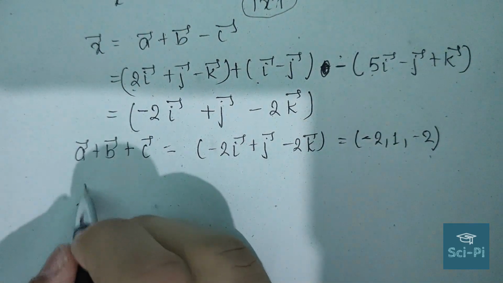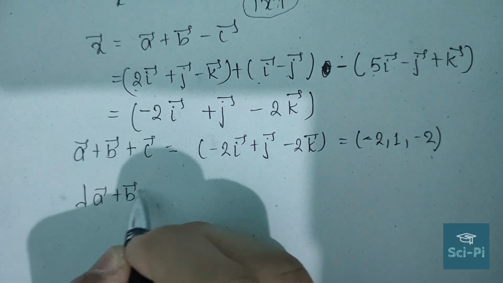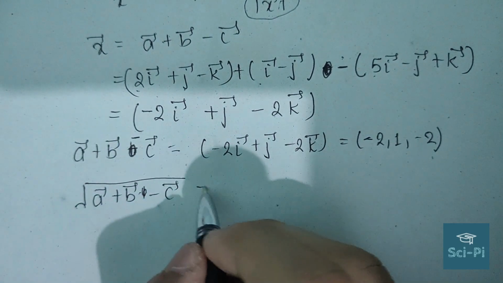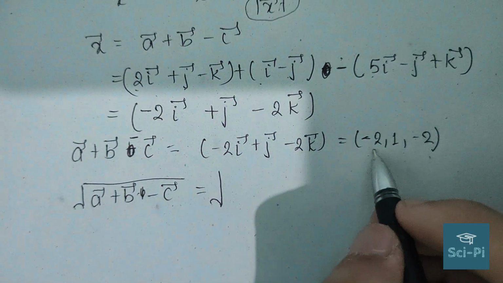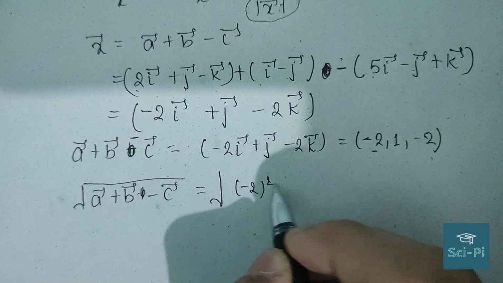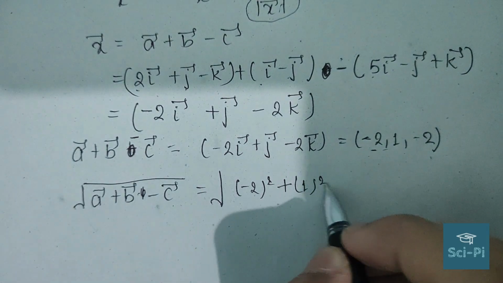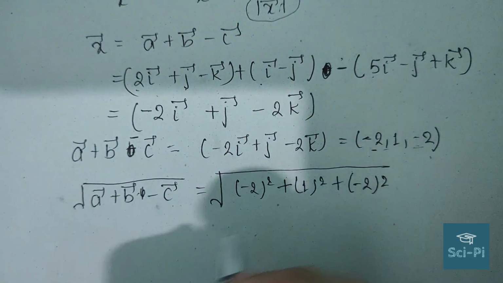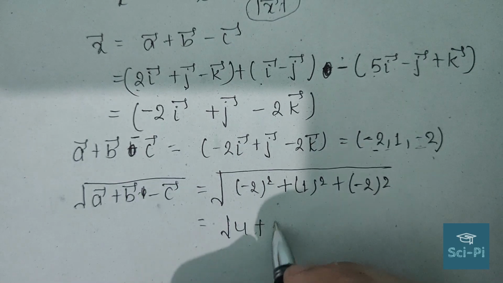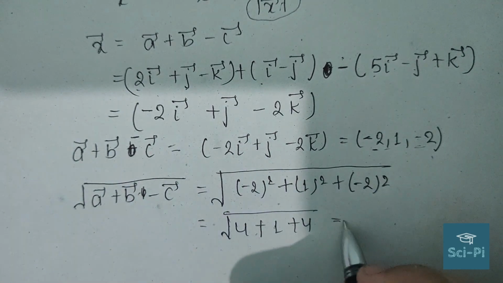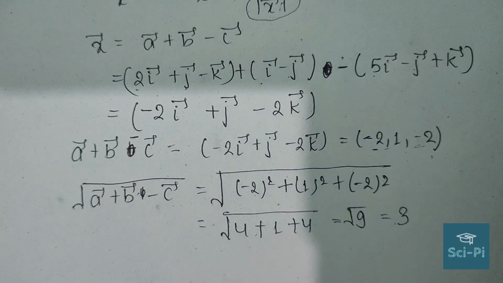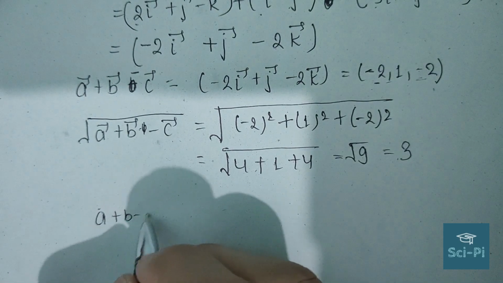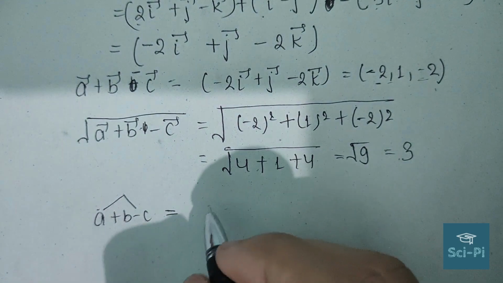The magnitude of x vector, or magnitude of a vector plus b vector, I'm sorry, it's negative c vector, will be equal to root, now the square of the x coordinate plus the square of the y coordinate plus the square of the z coordinate, which is equal to root 4 plus 1 plus 4, which is equal to root 9, which would be equal to 3.